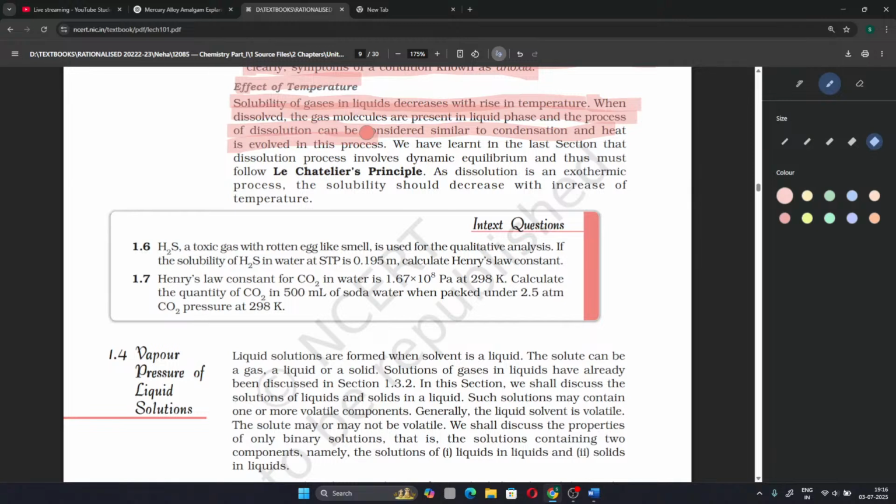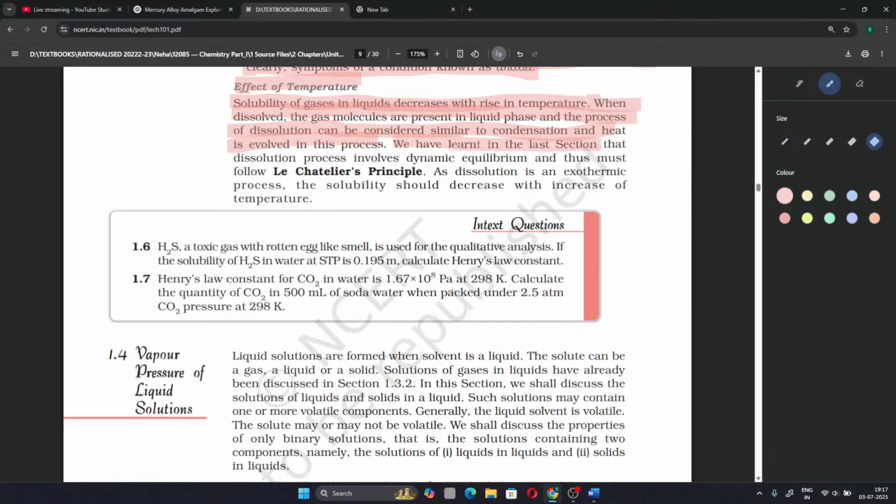Because we are considering when gas is dissolved in water, we are considering it to be an exothermic process because heat is released. In an exothermic process, according to Le Chatelier's principle, the forward reaction, the dissolution process, is more preferred at lower temperature. So as we increase the temperature, the dissolution process is decreasing. So we say it is inversely proportional. Temperature is inversely proportional to solubility in case of gas dissolving in liquids.